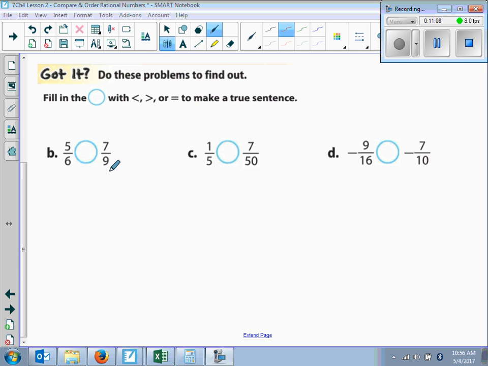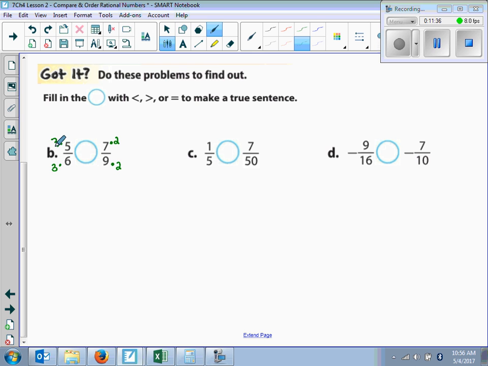Once again, we don't have common denominators, but we need to get common denominators. We can get them by asking what 6 and 9 can both go into. 18, right? So we're going to multiply the numerator and the denominator over there by 2, and this is how I'm going to expect you to show your work, and then multiply over here by 3. Very good.